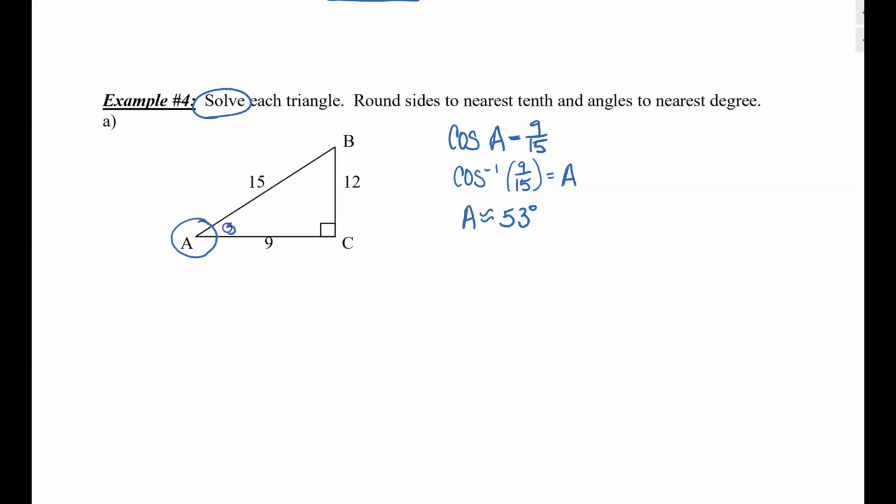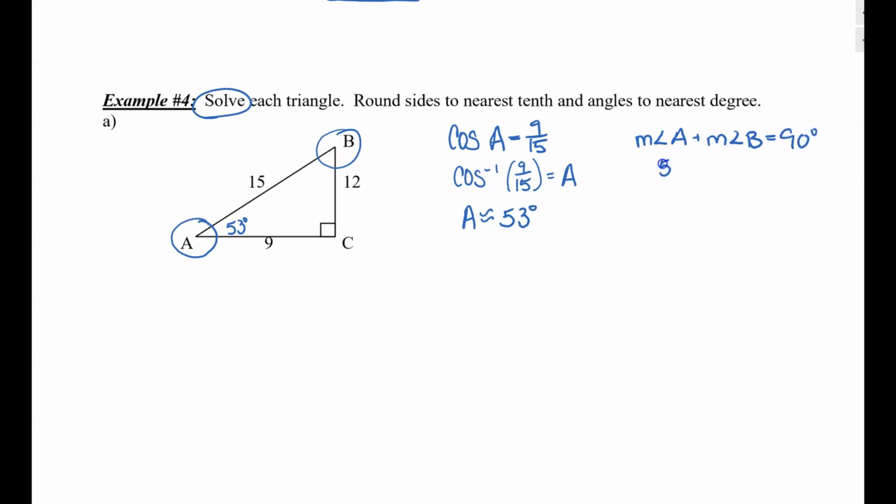Now at this point, I could do two things. I could go to angle B and use another trig inverse to find the angle measure. Or I could remember that the two non-right angles in a right triangle are complementary. They add up to 90 degrees. So the measure of angle A plus the measure of angle B is going to equal 90 degrees.